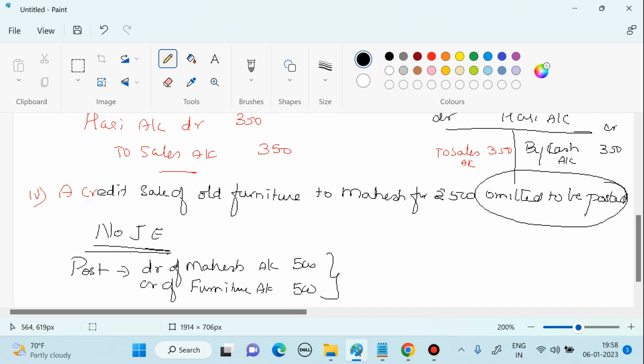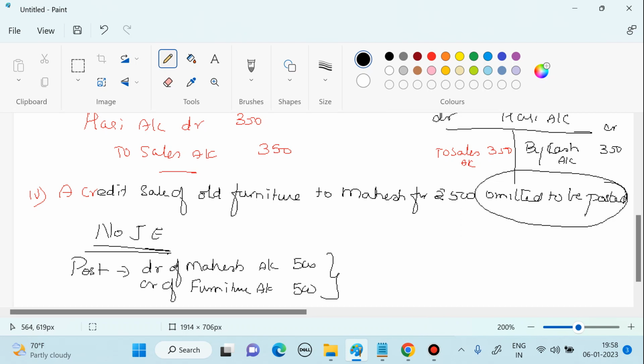Problem is only from the journal proper, you forgot to post it to the ledger. So ledger only it is missing. So you do the posting. Open the Mahesh's account in ledger, put it on the debit side as to furniture. Open the furniture page in the ledger, put it on the credit side as by Mahesh. And done. Got it?